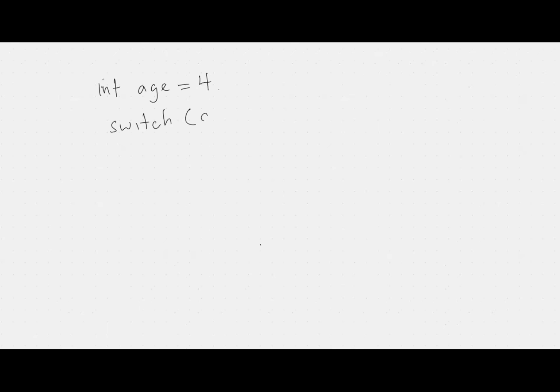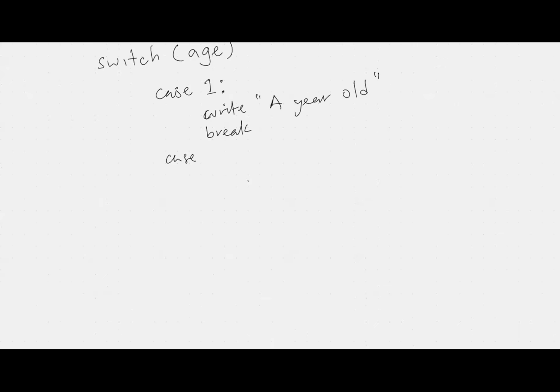Then if case is 1, I simply write 1 year old. Then I write break. Then case, oh, Jonathan, please stop that. Case is equal to 2. Then I write 2 years old. Then break.